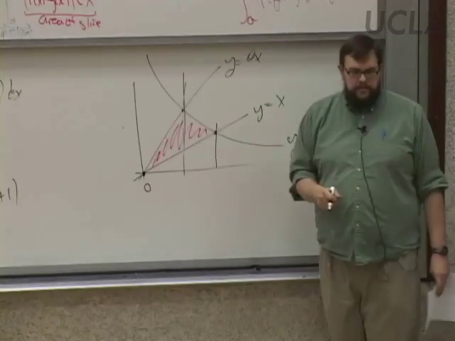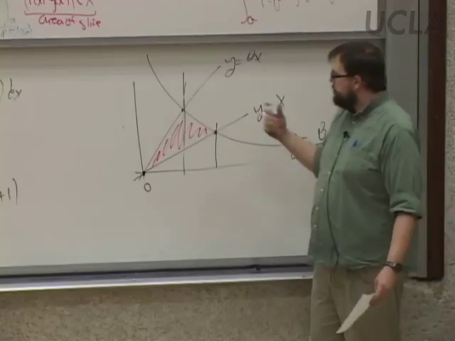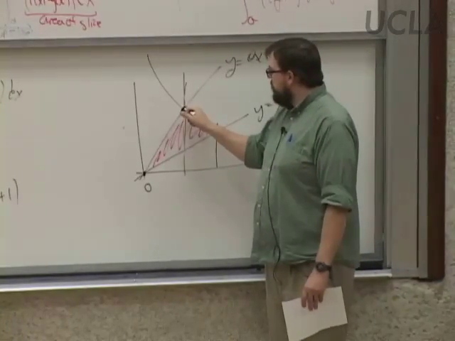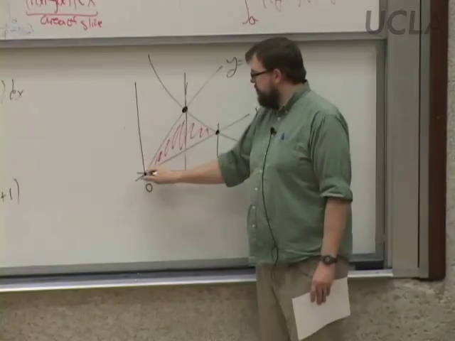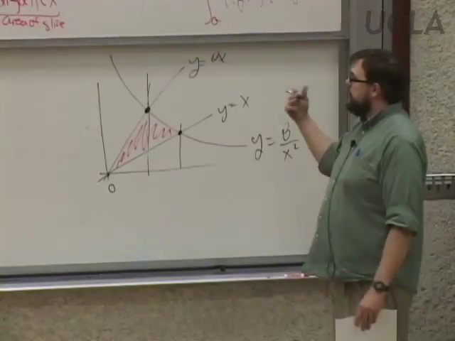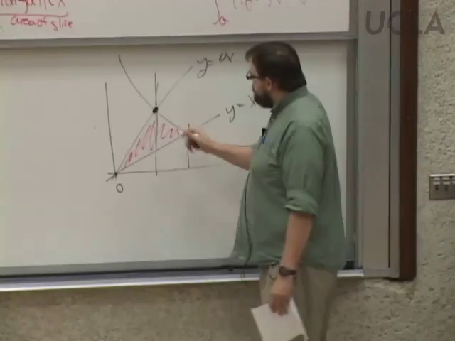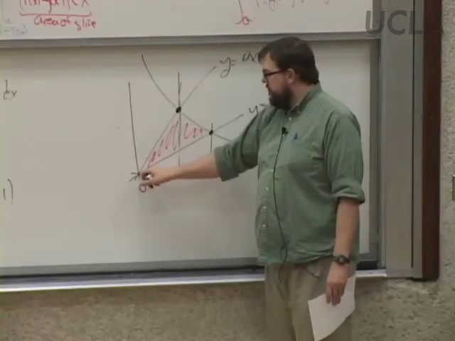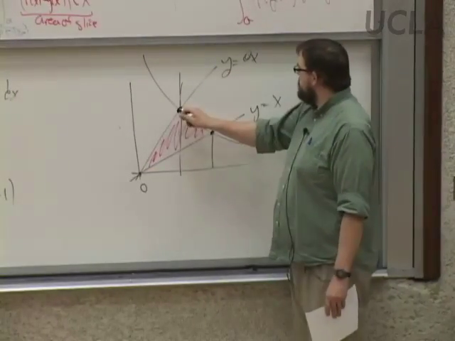So what are the steps? Well, you draw a picture, you get a grasp of the situation. And then you sit down and you say, well, where are my important points? The intersection points. Because these intersection points are going to determine your boundaries, where you integrate from where to where. So for instance, x and 8x both cross the origin. So it's easy to see that this point is at 0. But maybe this point's not so easy.